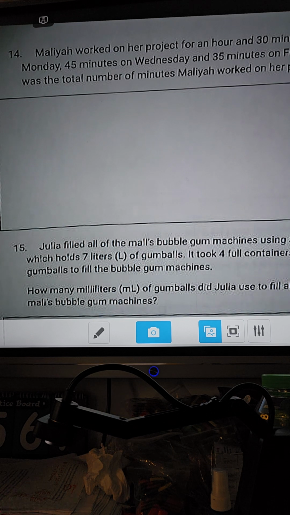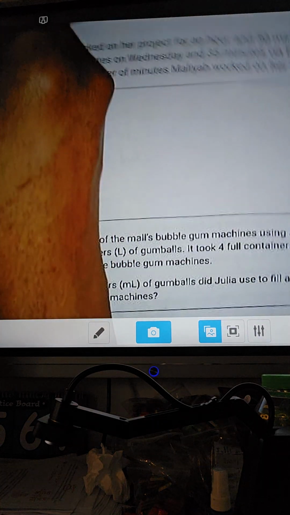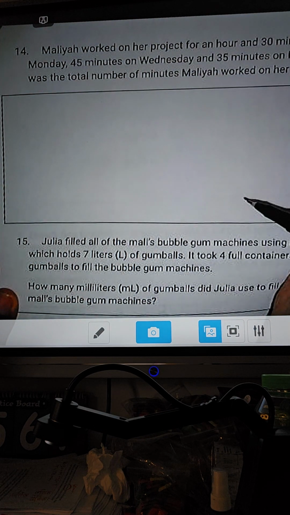Malia worked on her project for 1 hour and 30 minutes on Monday, 45 minutes on Wednesday, and 35 minutes on Friday. What was the total number of minutes Malia worked on her project? What should I do? What am I adding? I heard 1 hour, but how much is that? 60 minutes.